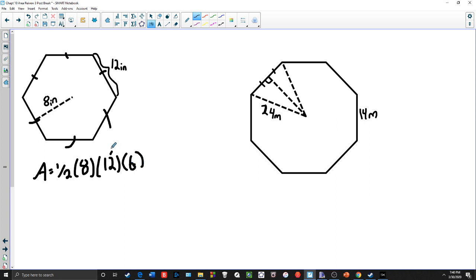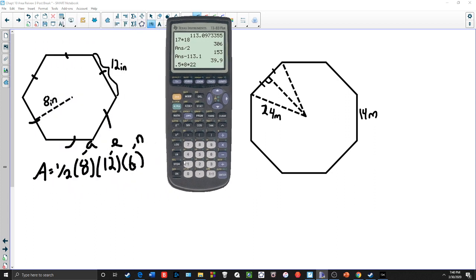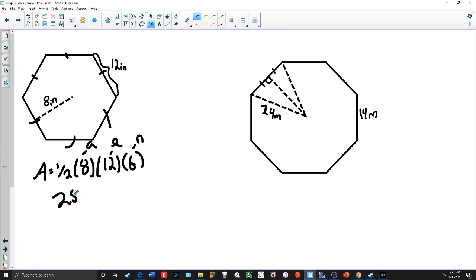So this is my L, 12. This is my N, 6. This is my apothem, my A. So I go ahead and put this in. So 0.5, which is 1/2, times 8 times 12 times 6 gives me 288 square inches. Again, very simple formula, just multiplying stuff together. Just make sure you pick the right stuff.